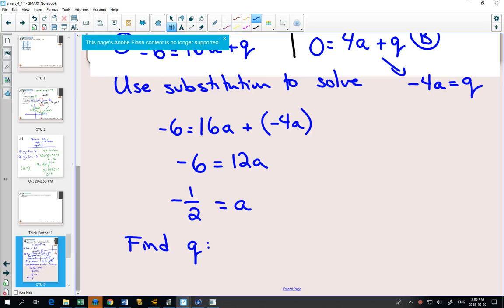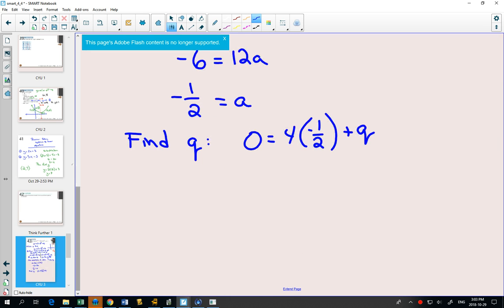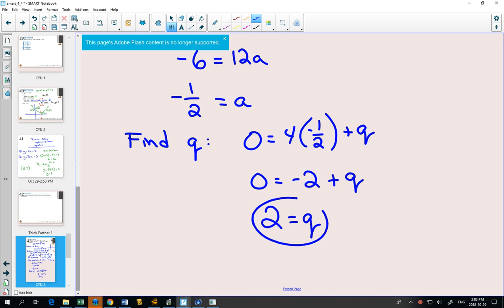If I use B, B says 0 is equal to 4, and instead of a, I'm going to write -1/2, plus q. 4 times -1/2 is -2 plus q. To get q by itself, add 2 to both sides. So then we can find both a and q, using that idea from grade 10 of solving systems of equations.